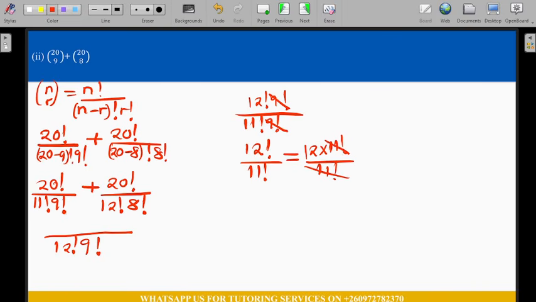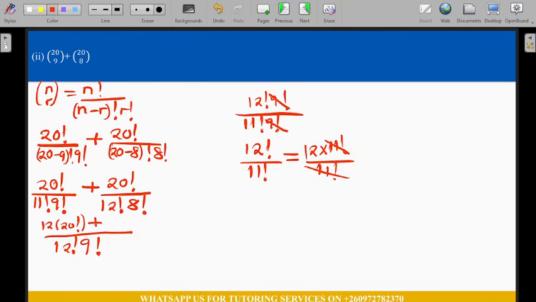This cancels, we have a 12. So now I have 12 times 20 factorial.